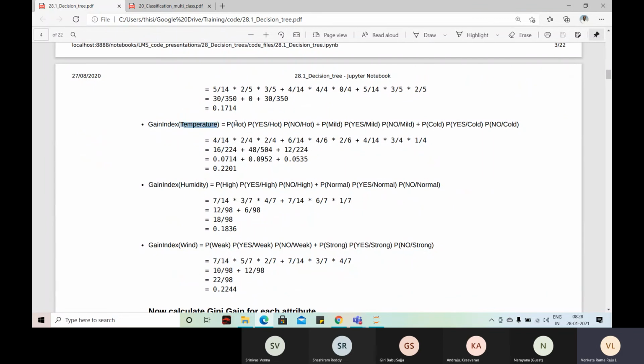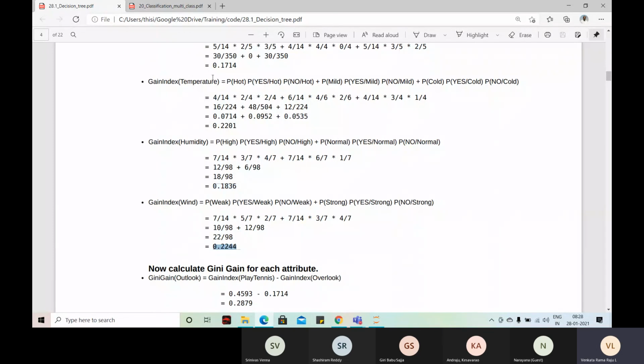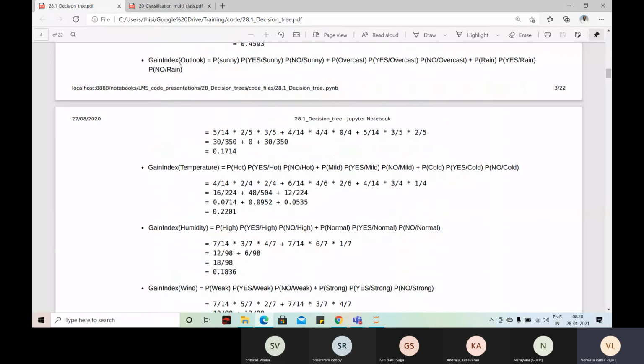In this column, we have hot, mild, and cold. Probability of hot into conditional probability of hot. And then we got 0.2201, 0.187836. Out of all these, the impurity for outlook is less. So that is the best feature, we can say.